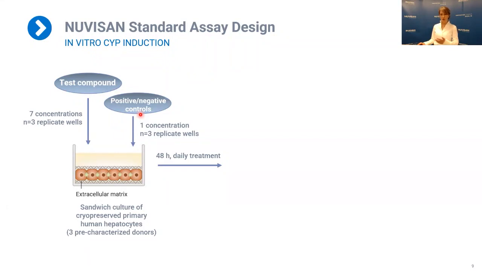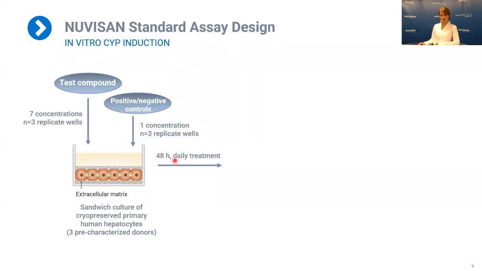Positive controls to show that the test system was inducible on the day of the experiment, and negative controls to show that the effect we observe is really test item specific and not just occurs by means of the treatment. Positive and negative controls are run at 1 concentration only, but again, 3 replicate wells.